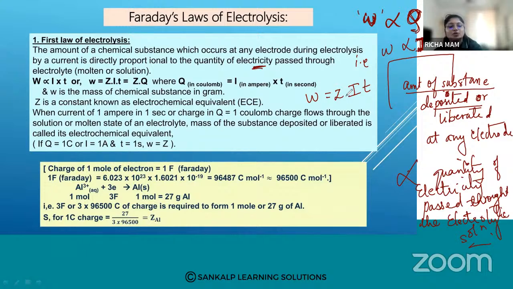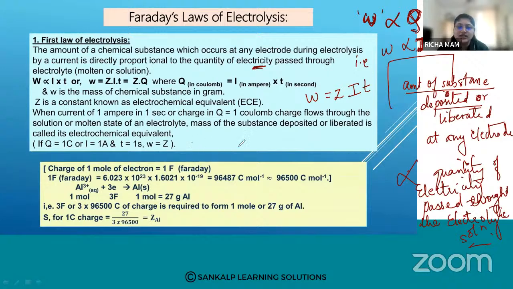So we remove the proportionality sign and introduce the constant Z, which is called the electrochemical equivalent.